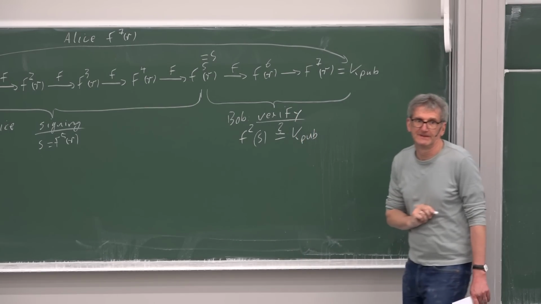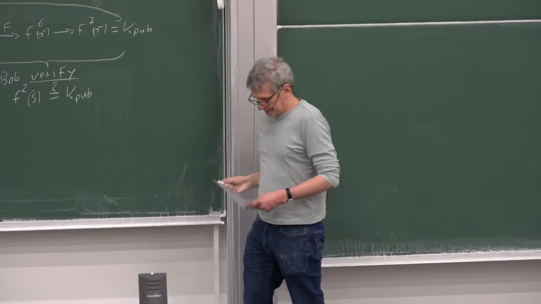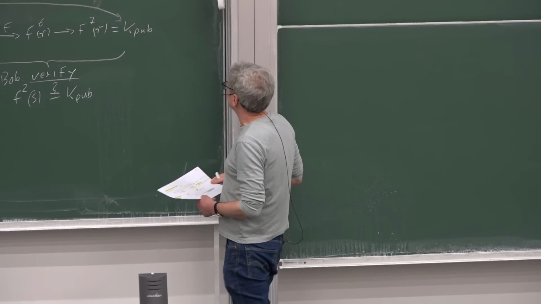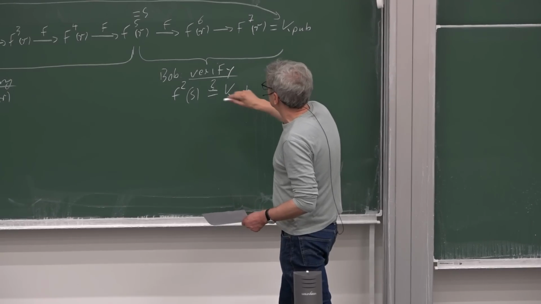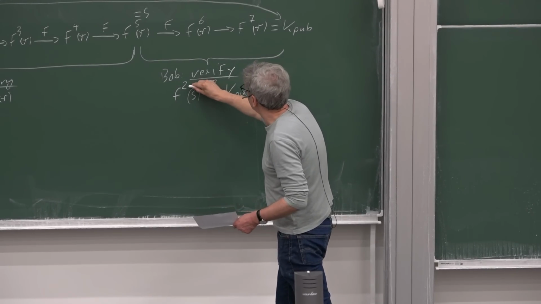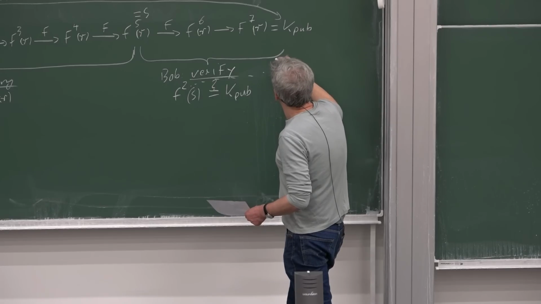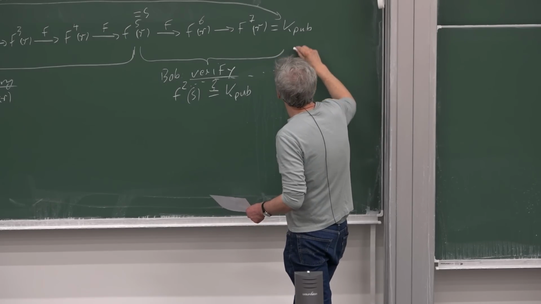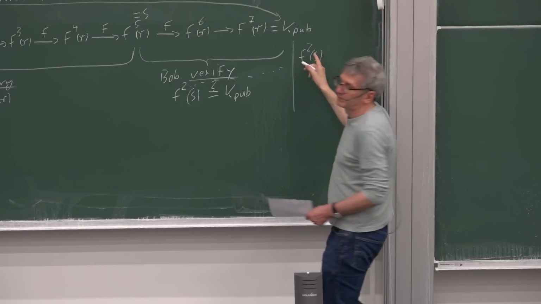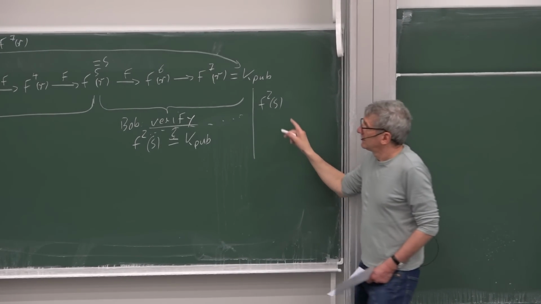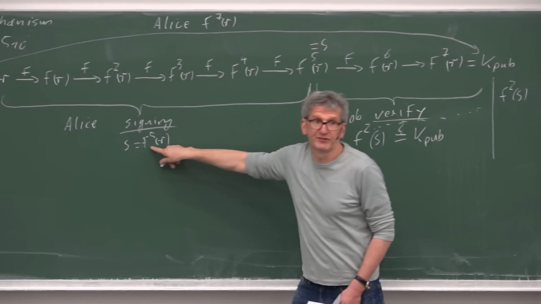Check this here. Okay. So let's do maybe a side remark here. When Bob computes f to the s here, what is s? It was f to the fifth.